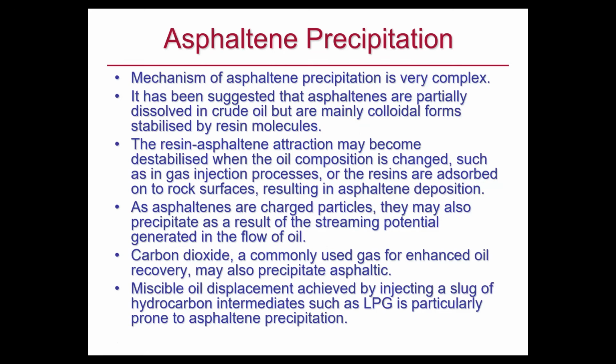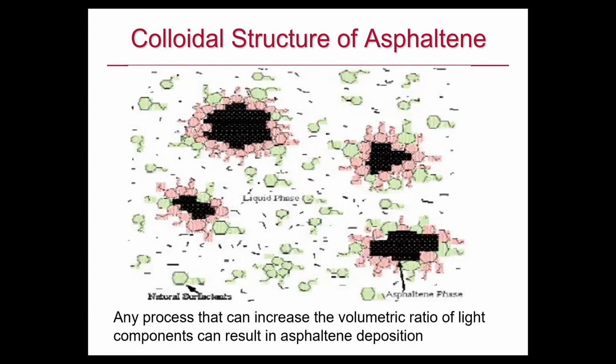In the past, a fluid either had an asphaltene problem or not. But now, because of EOR, all reservoirs can have an asphaltene problem. So that is something to consider if you are designing enhanced oil recovery.